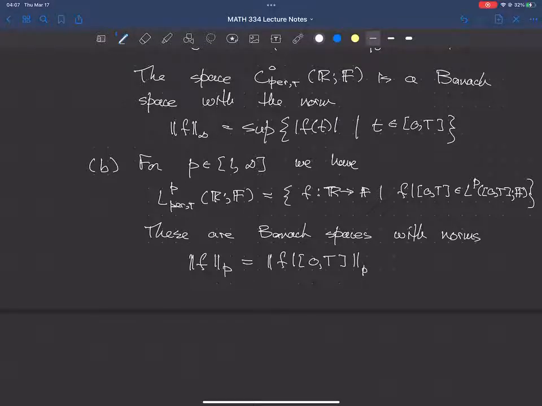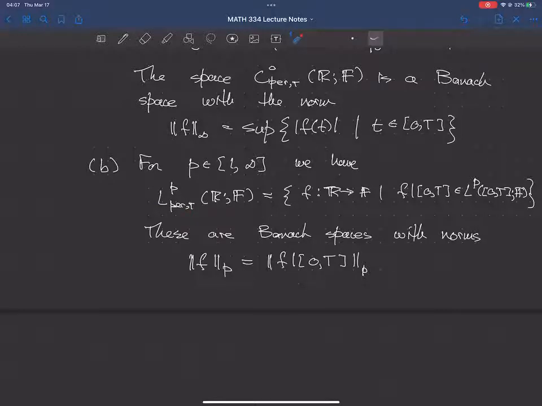Now there's an annoying little point here, and that has to do with the fact that things in LP are not signals, but equivalence classes of signals, with equivalence being that the two signals agree almost everywhere.